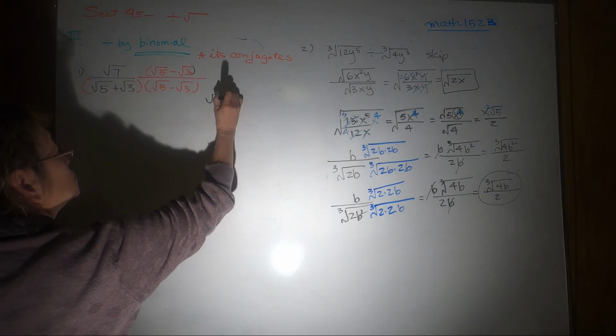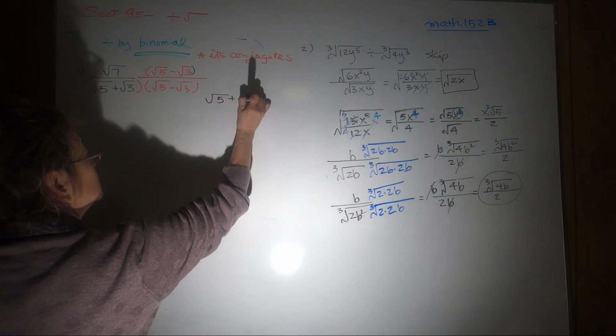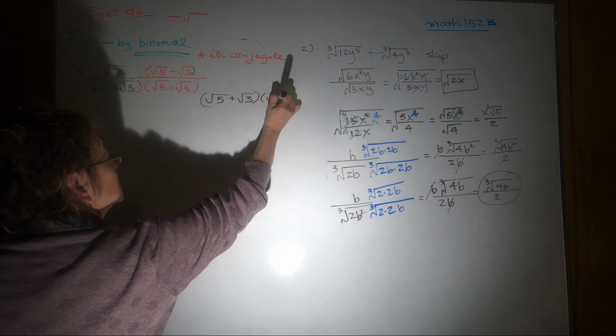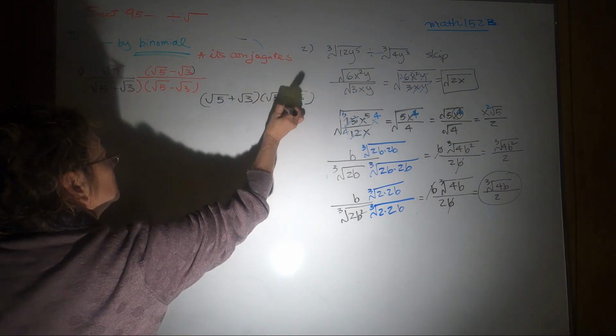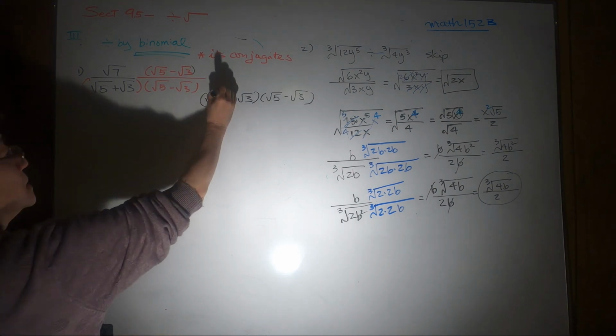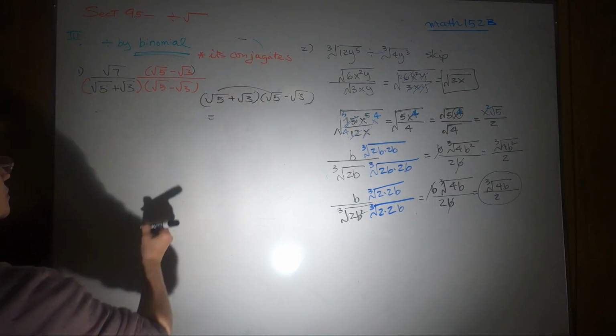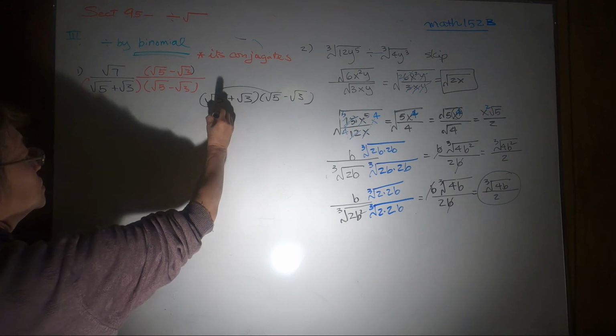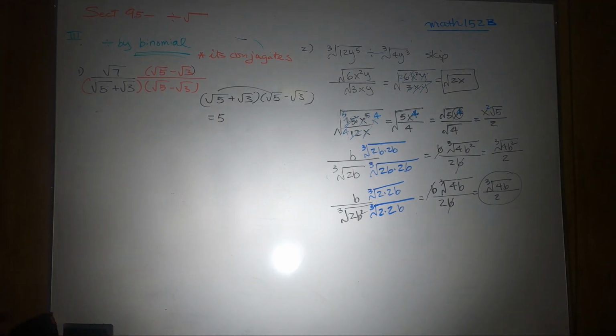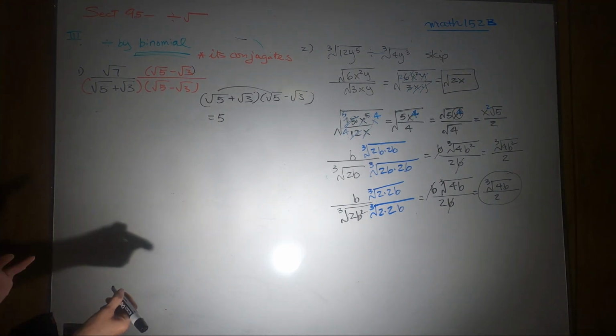So if we do square root of 5 plus square root of 3 times square root of 5 minus square root of 3, we need to FOIL them, right? Square root of 5 times square root of 5 is a twin, which is 5, right? The root of a twin is 5.